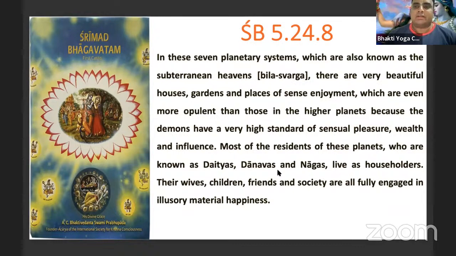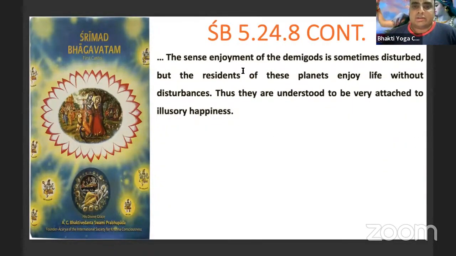It is also described that these Bila Swarga regions are even more materially opulent than the Divya Swarga in the Swargaloka. The sense enjoyment of the demigods is sometimes disturbed, but the residents of these planets enjoy life without disturbances. Thus, they are understood to be very attached to illusory happiness.